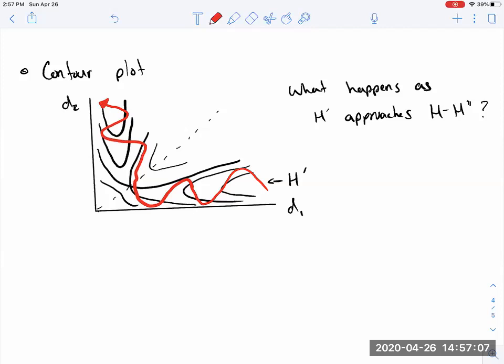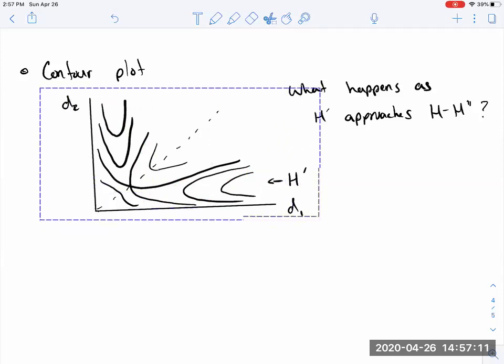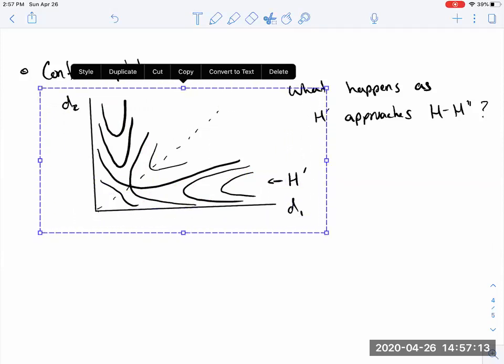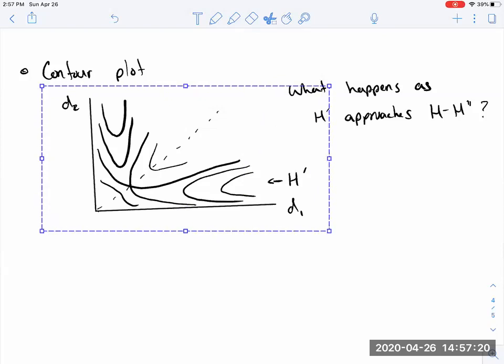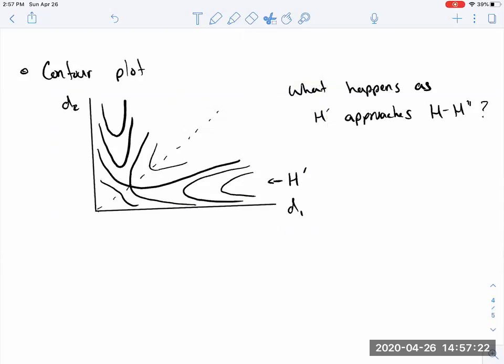I'm going to do something clever here. I'm going to actually take a copy of this. Try that again. Copy. Let's redraw that trajectory.